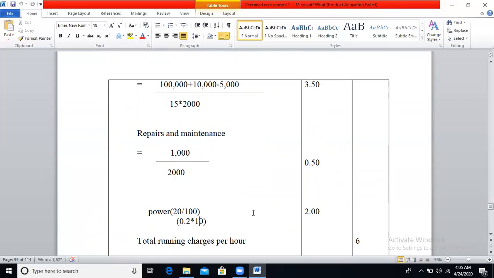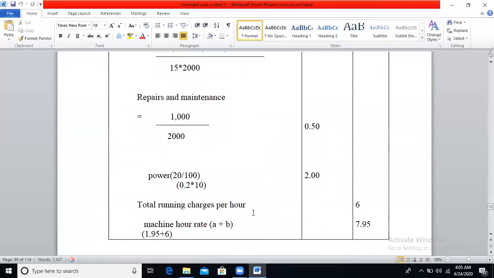I told power, number of units produced by using the power will be 10 units, but they have given rate for 100 units. We want rate for 1 unit. How to calculate rate for 1 unit? 20 is the rate for 100 units divided by 100 units. You will get 0.2 for the rate of 1 unit.